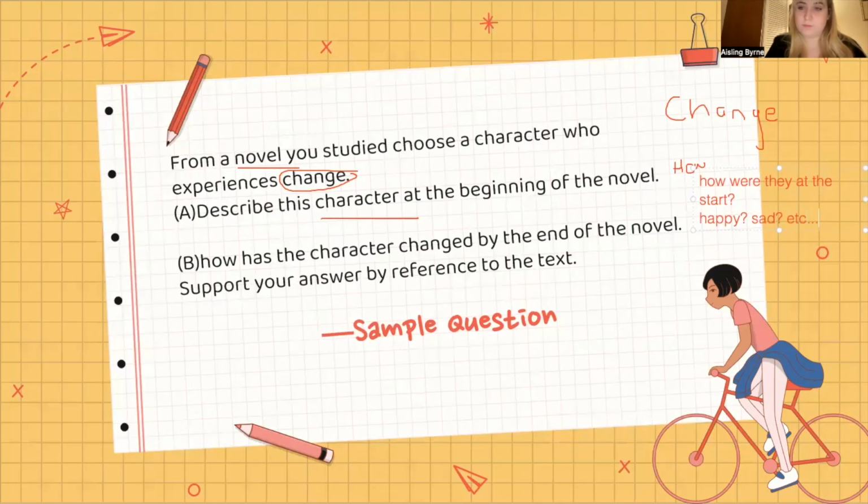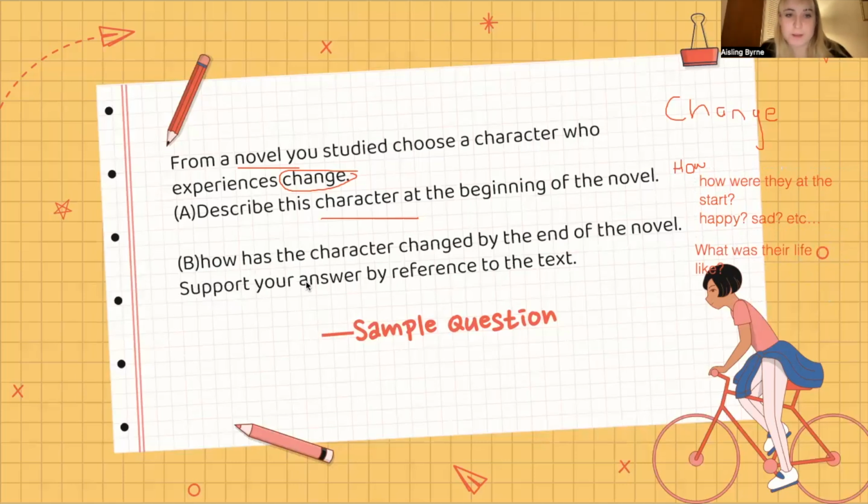And what was their life like? So what were they dealing with at the start of the book? Like, who were they?